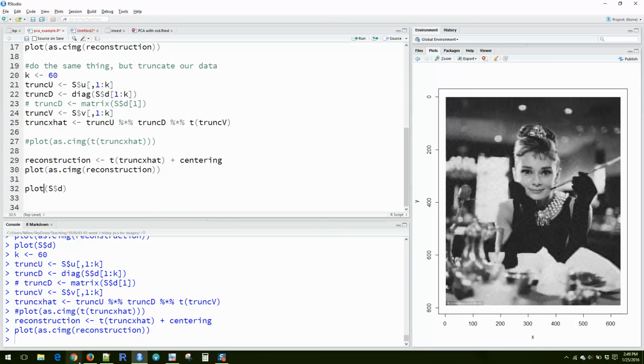Okay, so that's that. The hardest part of teaching a class for the first time is coming up with meaningful assignments, and I'm trying to think of a good meaningful assignment for principal component analysis.